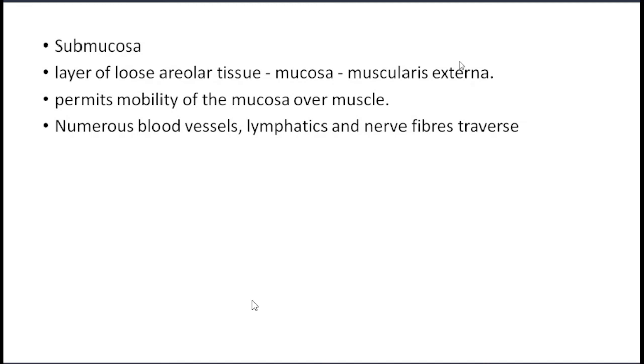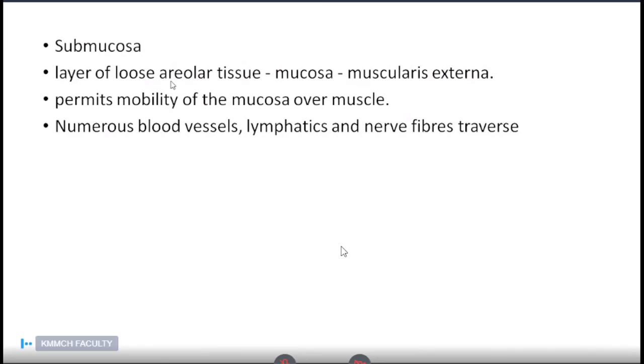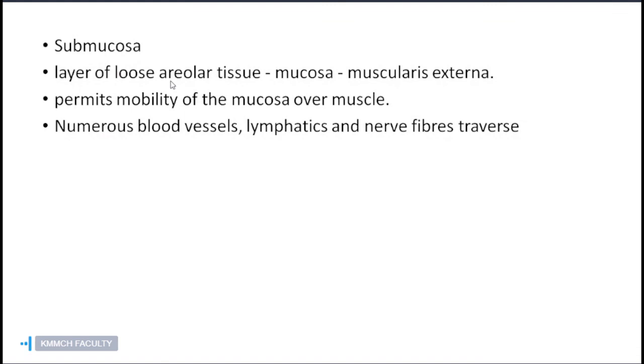Now this submucosa is loose areolar tissue, so it permits the mobility of mucosa over the muscularis externa muscle. यानी ये फ्रीली मोबाइल थोड़ा हो सकता है आपके मस्कुलरिस एक्सटर्नल लेयर पे बिकॉज ऑफ दिस प्रेजेंस ऑफ द लूज एरियोलर टिश्यू. इसमें भी आपको you will get the numerous blood vessels, lymphatics, nerves which travel through this submucosa.